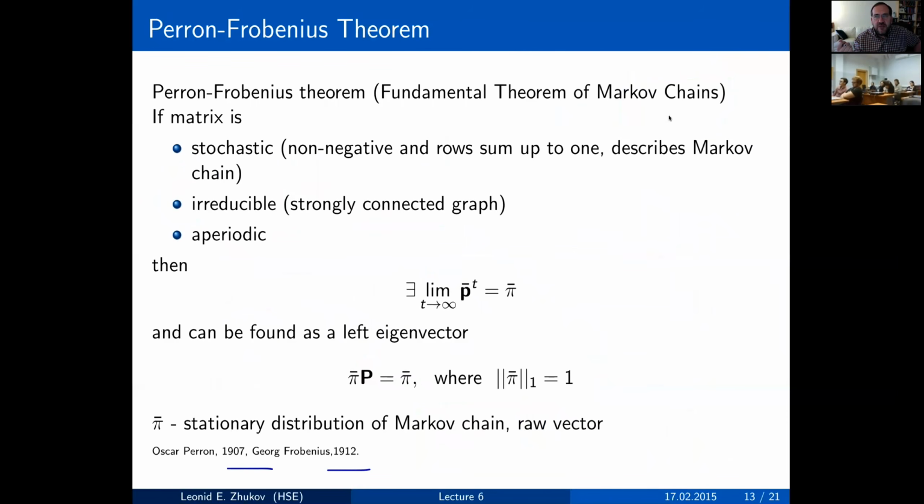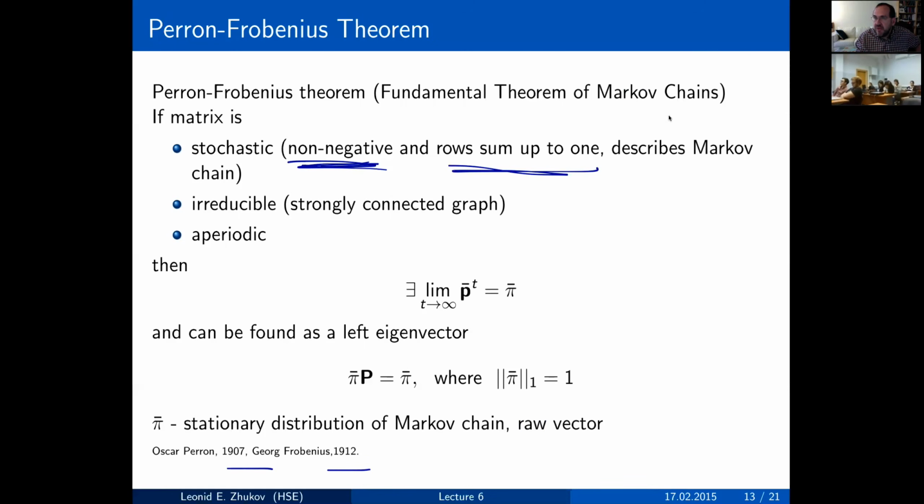So if our matrix is stochastic, which means it describes a Markov chain, and the matrix is non-negative, very important, and it describes transition probabilities, and rows sum up to 1, then it's called a stochastic matrix. And in our case, it is a stochastic matrix because, remember, we normalized the rows by out degrees.